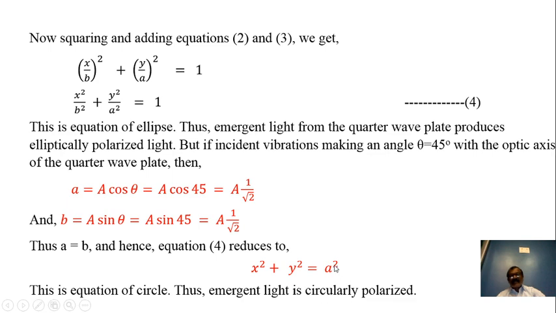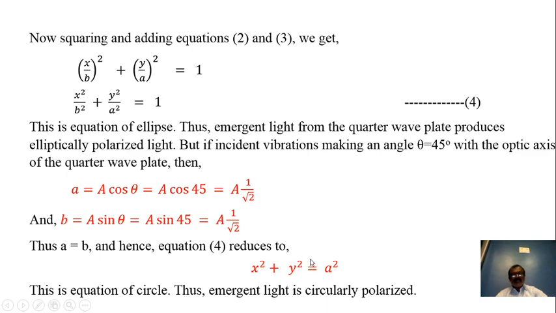So this is the very fundamental equation of a circle whose center is at the origin of the coordinate system, and it has radius a. So this is a circle, and that's why we can say that the emergent light from the quarter wave plate is now circularly polarized.